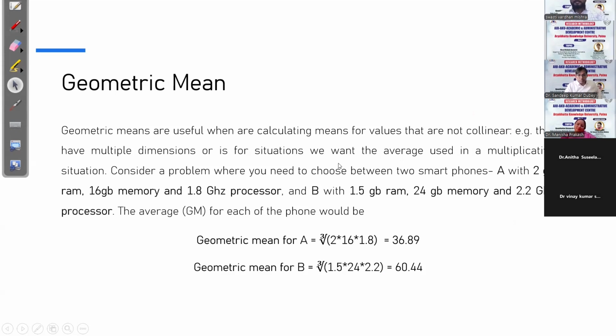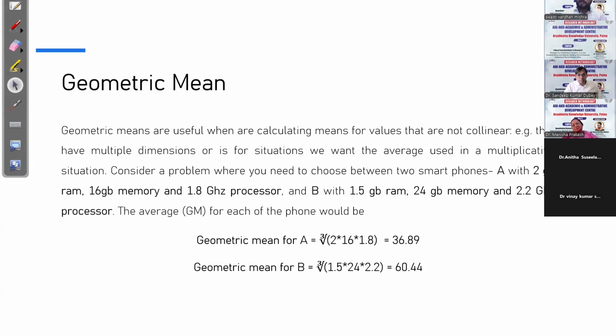In that case, it becomes very difficult to find the mean value of phone A and phone B for comparison, because these units are different. In that case, we are supposed to find the geometric mean.